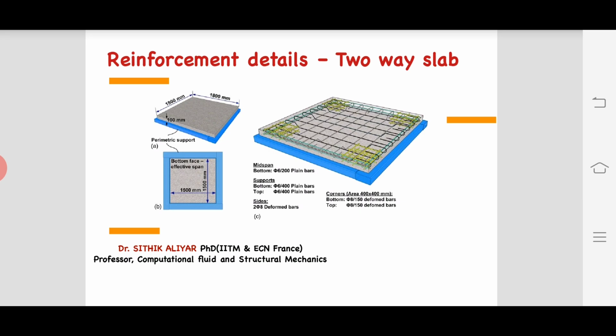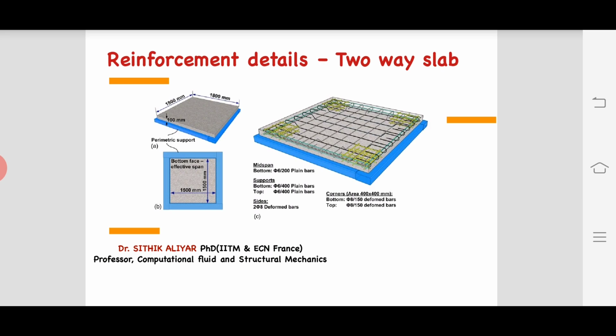In the figure you are seeing the yellow color bars, that is nothing but torsional bars provided at the support at the corners, so that it won't experience torsion. For the extra torsion which is about to come in the restrained condition, we have to put that extra reinforcement. We'll see a little more detail later. I hope I made it clear what a two-way slab is, what the types of two-way slab are, and what the reinforcement will look like. I think I have given you an answer here.